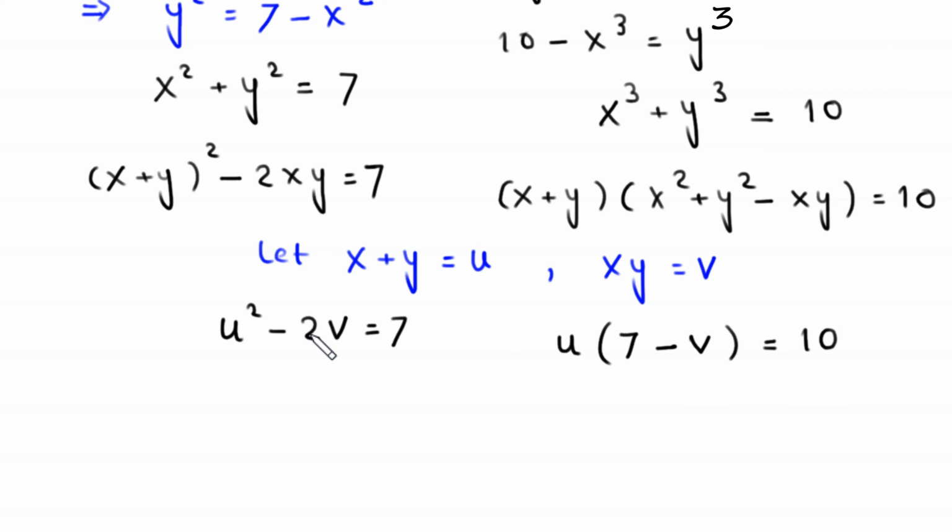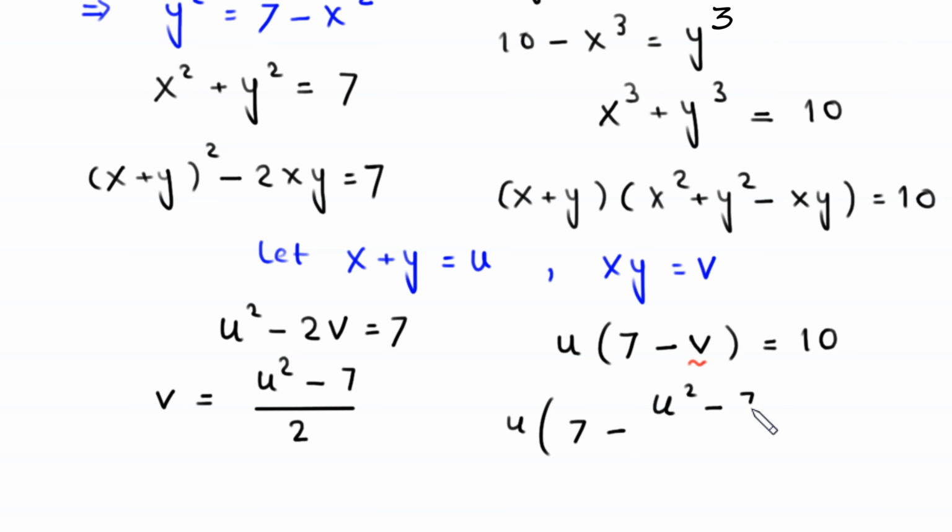Now from this equation, if we make v the subject, then v will be equal to (u squared minus 7) divided by 2. So in this equation we replace this v with this value, so this will become u times (7 minus (u squared minus 7) divided by 2) equal to 10.